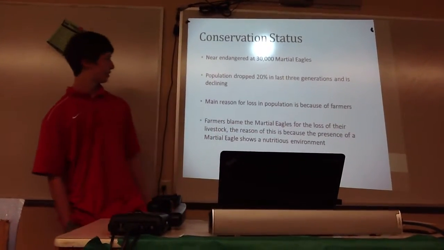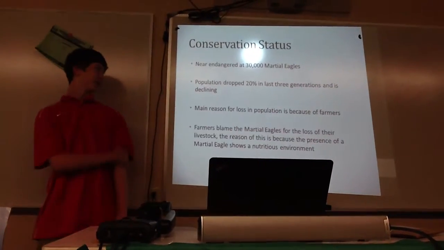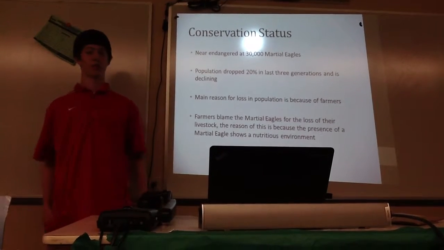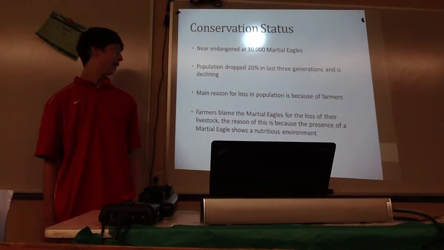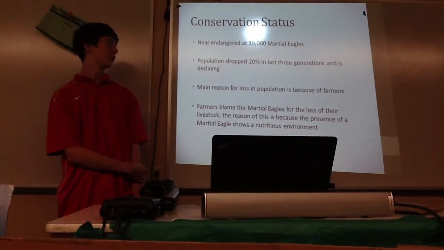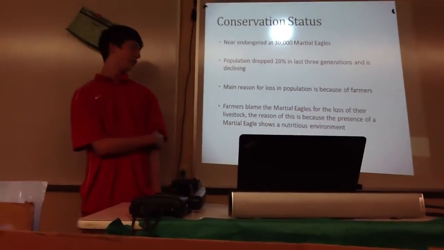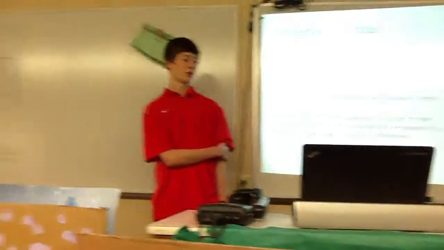Its conservation status. They're on the verge of being endangered. There's only 30,000 Martial Eagles, and the population has dropped 20% in the last 300 generations, and it's declining. The main reason for the loss is because of farmers.